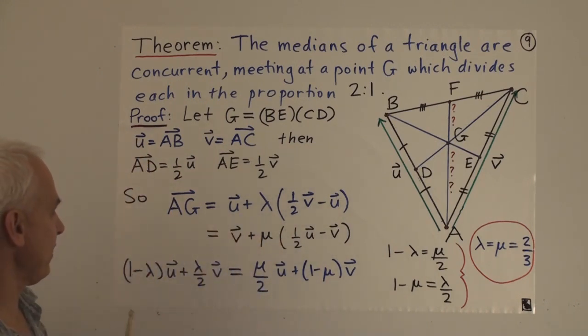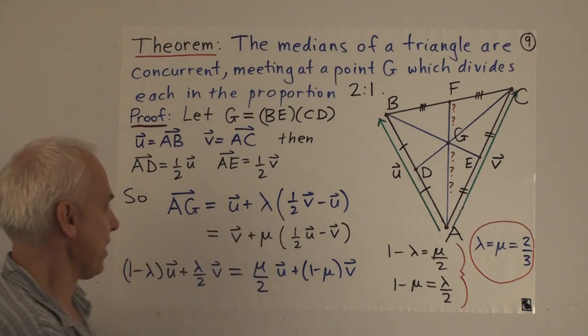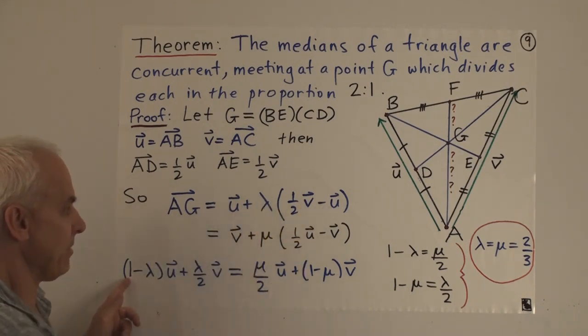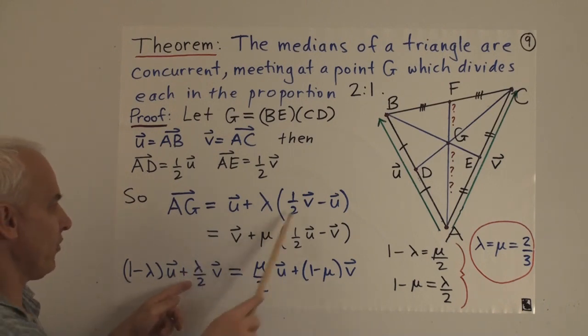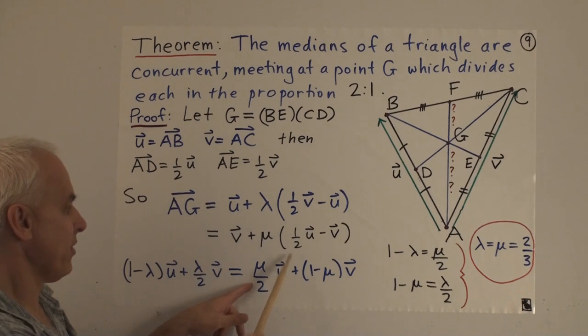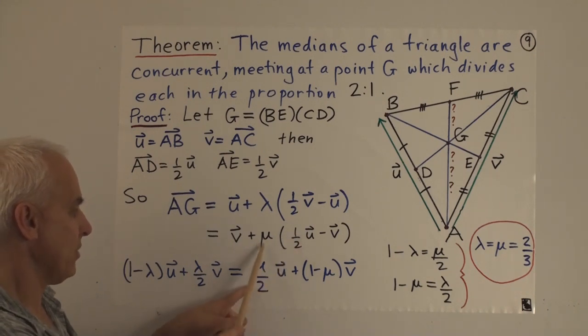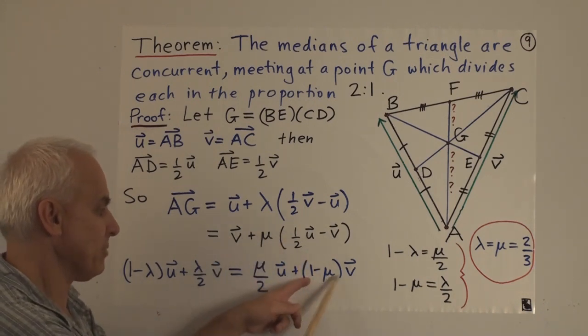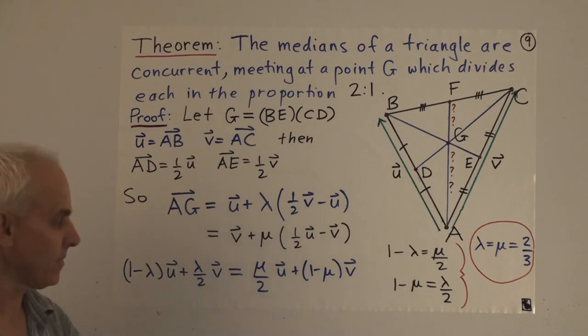And then we equate these. So this one here becomes u times (1 minus lambda), because there's a 1 there and a minus lambda there, plus lambda over 2 times v. And over here, how many u's are there? There's 1/2 of u times mu right there. And v's, there is 1 here and minus mu of them here. So (1 minus mu) times v.